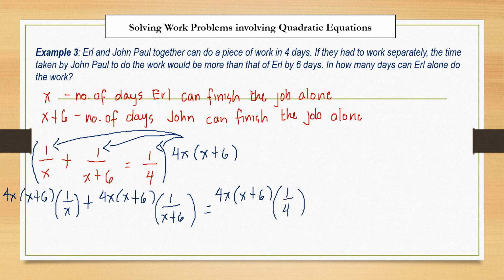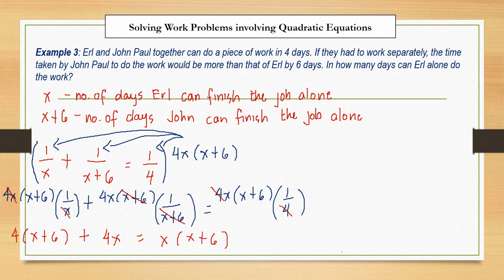Now we look for possible cancellations. So we have 4 times quantity x plus 6 plus 4x times 1, which is 4x, is equal to x times quantity x plus 6.